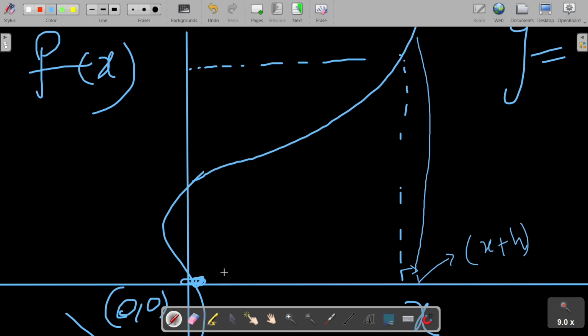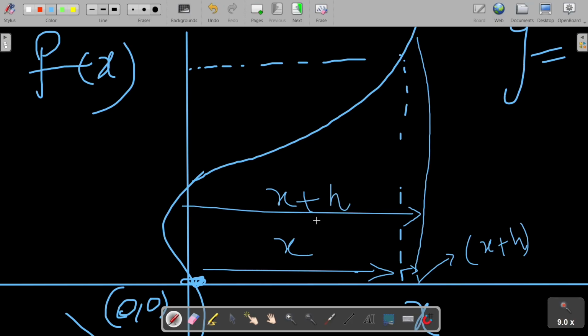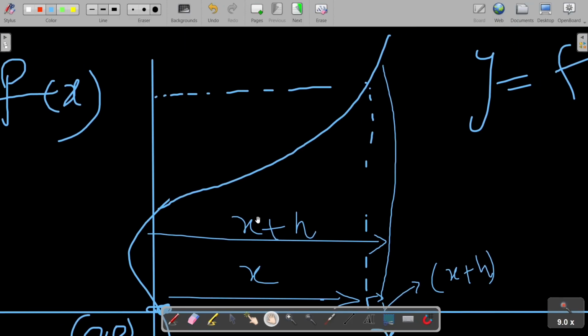If this is x distance, this full distance will be x plus h. And if this point is x plus h, then this particular point on the y-axis is f of x plus h.